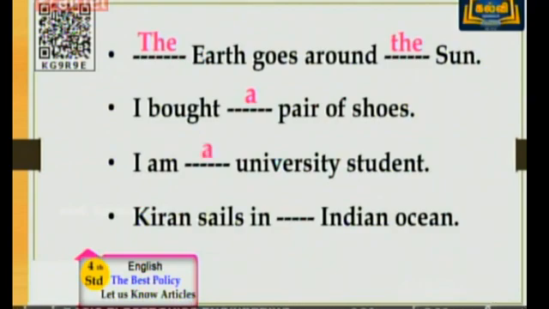I am a university student. Right. Coming to the next one. Kiran sails in dash Indian Ocean. I told you for the oceans, rivers and lakes, which article should be used? The article used there is the. Yes, you got it right. Kiran sails in the Indian Ocean.